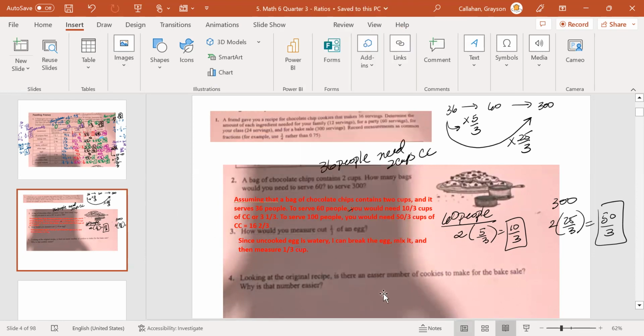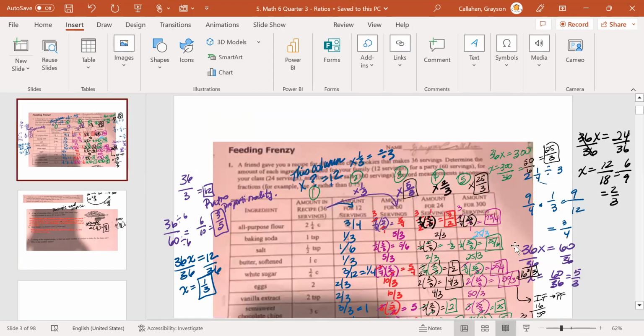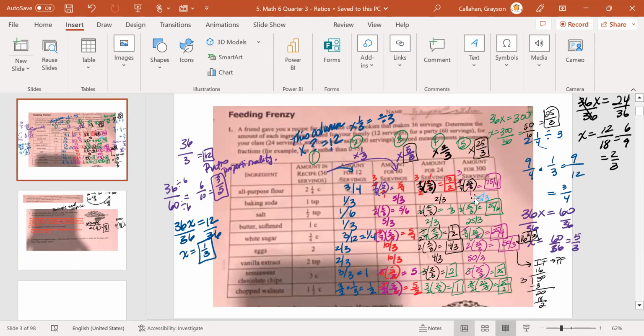Looking at the original recipe, is there an easier number of cookies to make for the bake sale? Why is this number easier? So if you look at this recipe, you see how a lot of these answers are like 16 2/3, 1/2, 4/3, right? They're kind of a pain to convert, right?